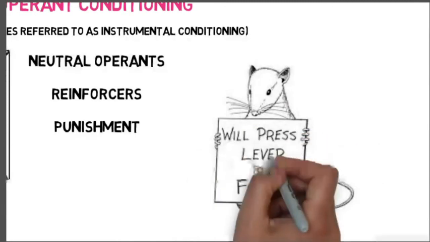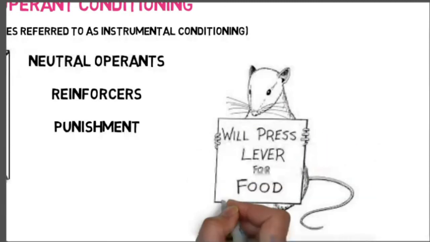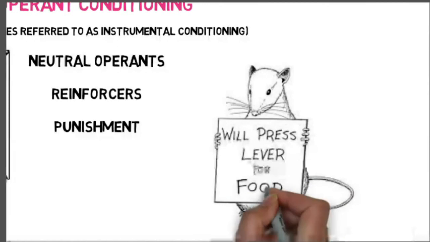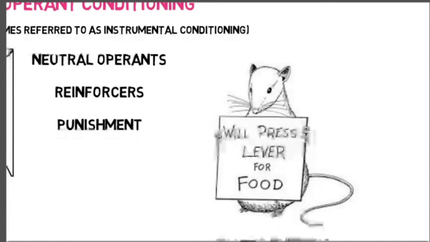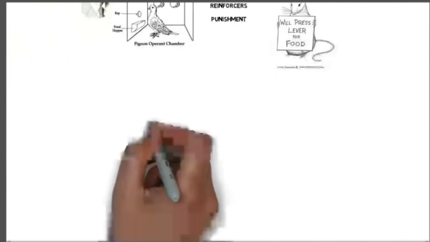Now, there are schedules of reinforcement that need to be understood to see how these kinds of reinforcement are used. So there's intermittent reinforcement, and that is reinforcement given only part of the times the animal gives the desired response.